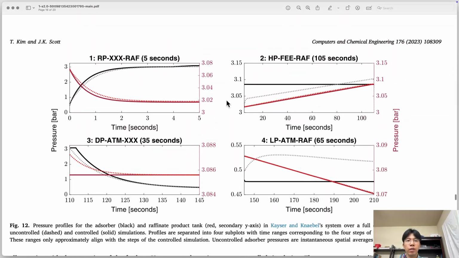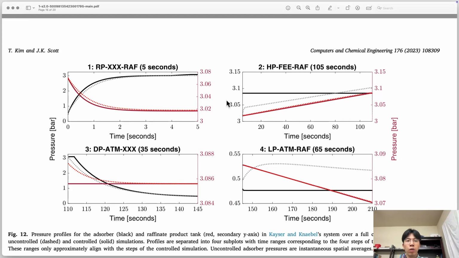So for instance, when we do high pressure feed, we can either run this step until the set duration of the high pressure feed time runs out, or we can set an event saying that whenever the product purity coming out from the top end of the adsorption columns becomes lower than the threshold, then we stop, right?